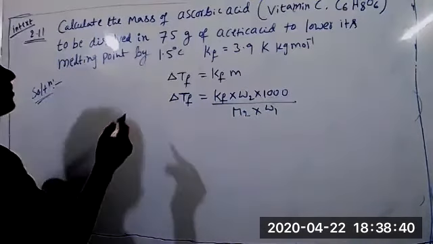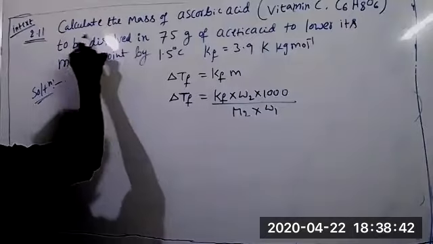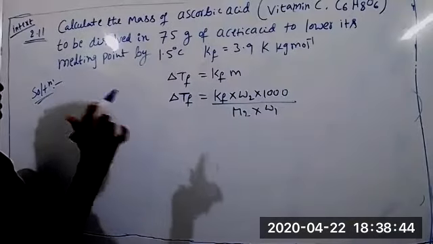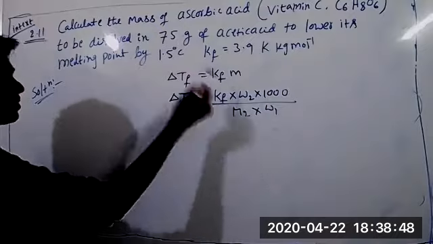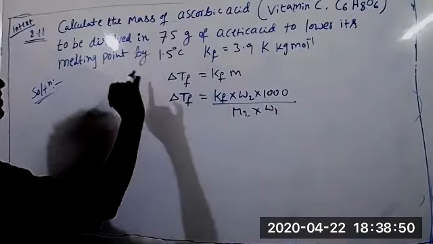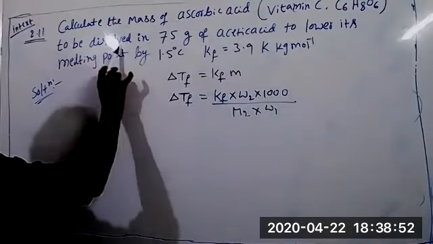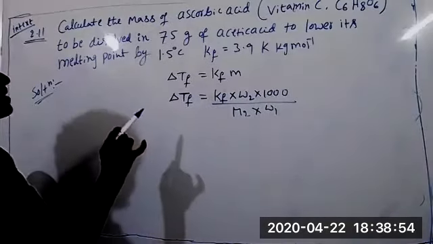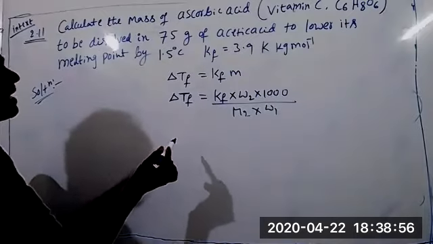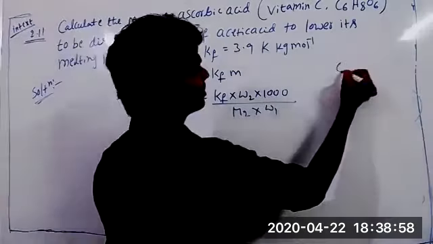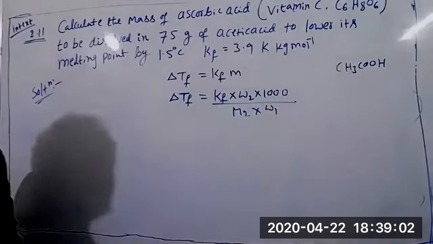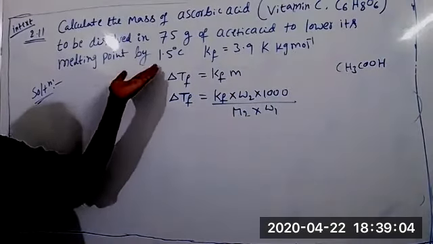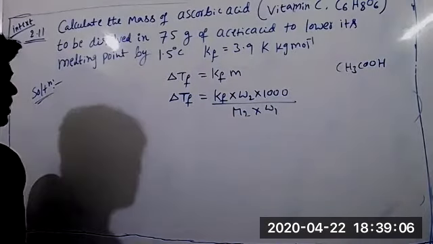Now the question: calculate the mass of ascorbic acid. This W2 we have to calculate. How much ascorbic acid is used in preparing this solution, to be dissolved in 75 grams of acetic acid? The solvent is acetic acid, CH3COOH, to lower its melting point by 1.5 degrees centigrade.